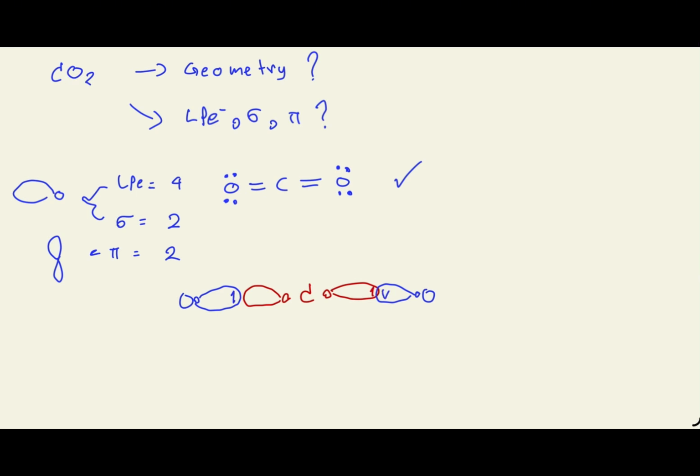Now for oxygen, the hybrid orbital is used for the single bond, which is the sigma bond, but it also has lone pairs in hybrid orbitals on both oxygen atoms. So those are the lone pairs. Got it? Okay.